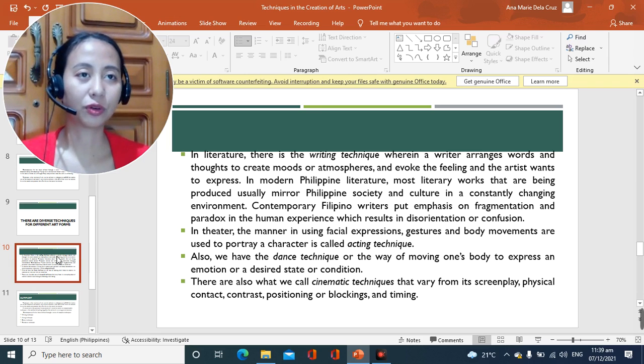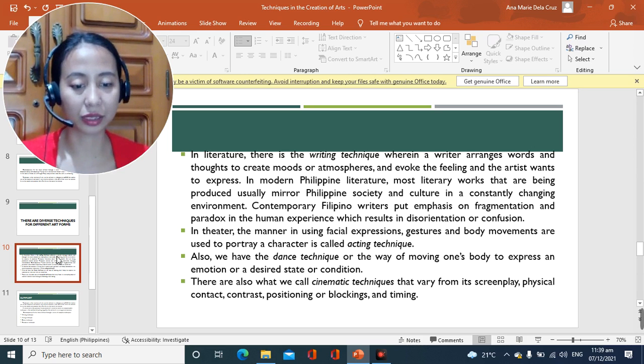Meron din tayong mga ginagamitan din natin siya ng mga malalalim na salita, diba? Mga figurative speech, tinatawag. In-evoke the feeling the artist wants to express. Kung anong gustong express na artist, dumedepende yun sa technique. Hindi lang sa material ginamit.